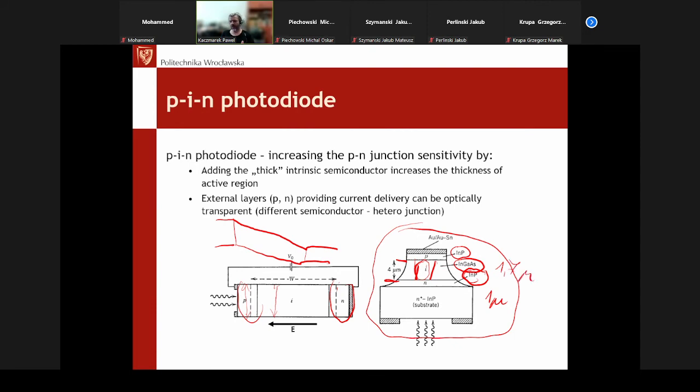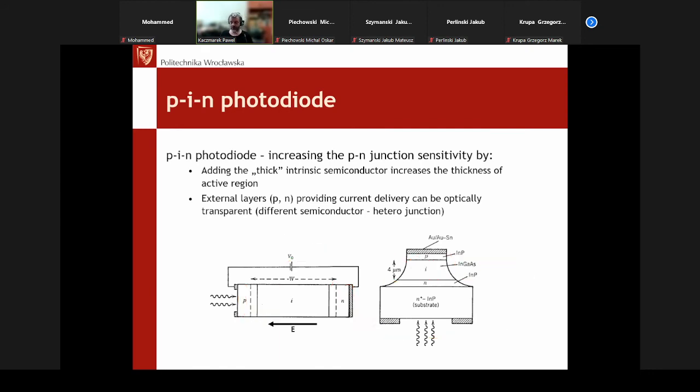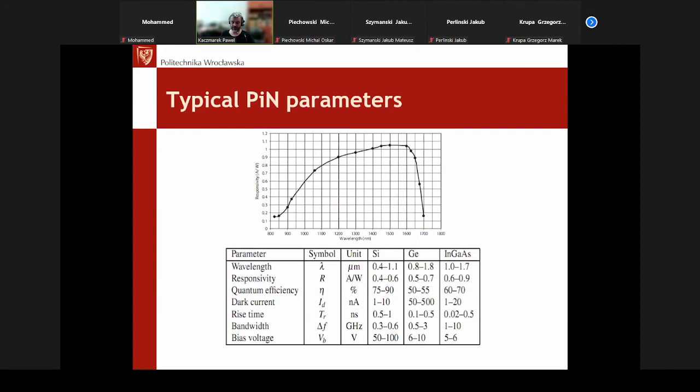So if you put in photons from this range, I mean between 1 micron and 1.7 micron, they will be absorbed only in this layer, in this intrinsic semiconductor. So it allows us to significantly increase the sensitivity on one side and the bandwidth of such a photodetector. Here you have typical data for different types of semiconductors.